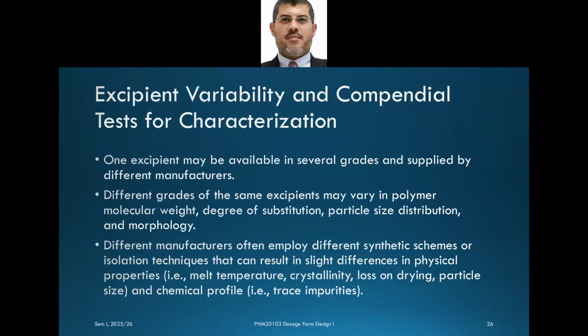The objective is to identify excipients and ensure quality through routine analysis. So these tests usually include an identification test. Number one, I should make a test to ensure that the material I receive is the material that I ordered. I want lactose, then I should do tests to ensure that this is lactose.